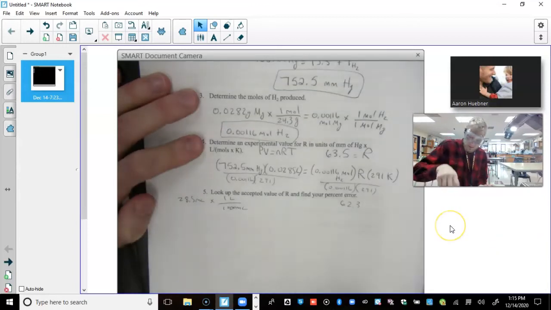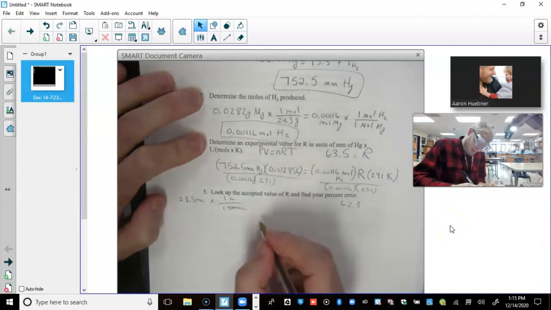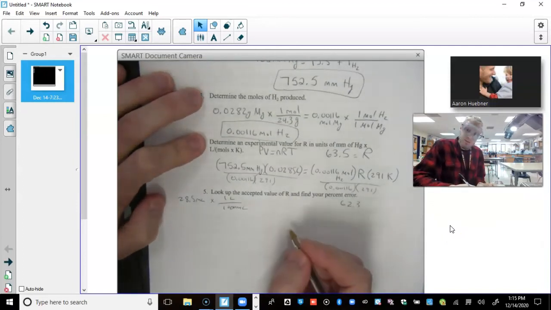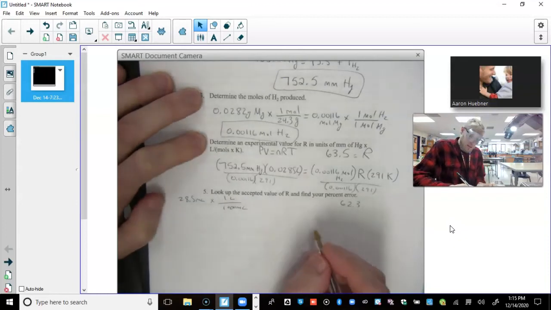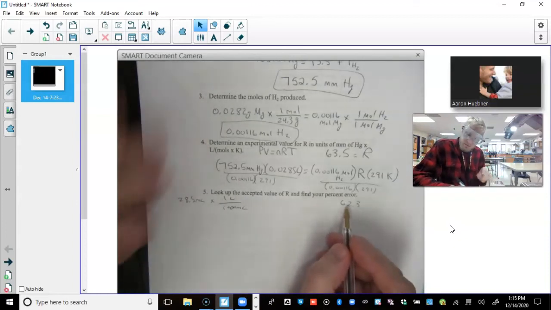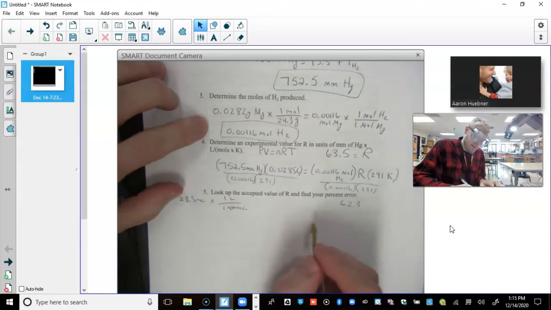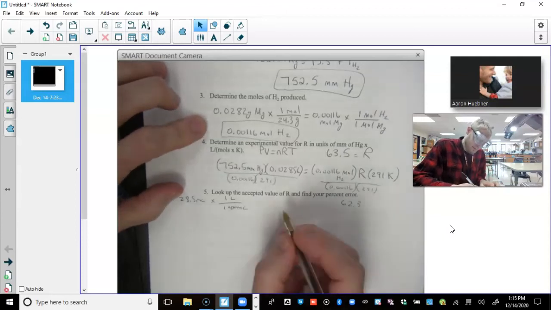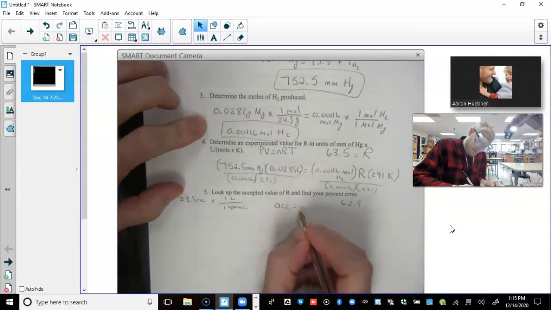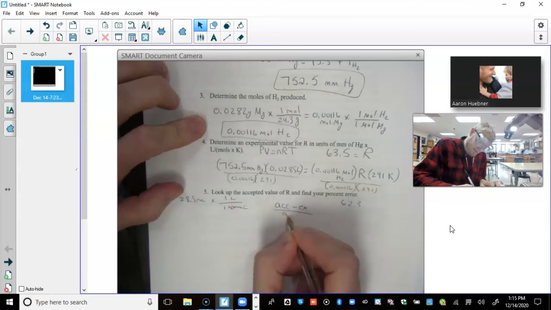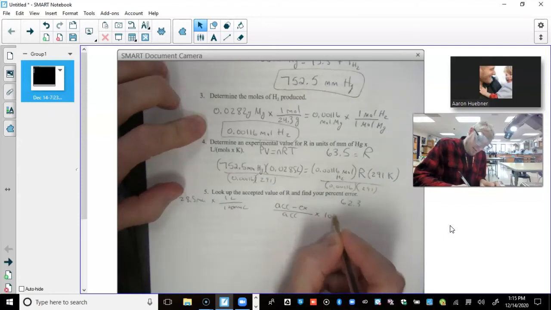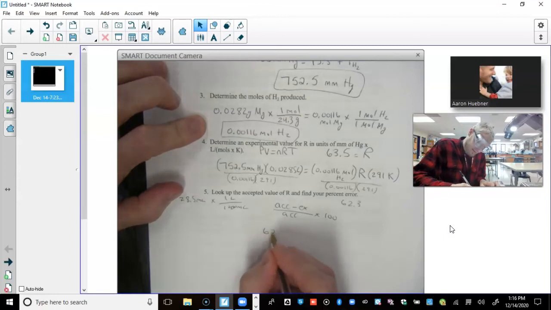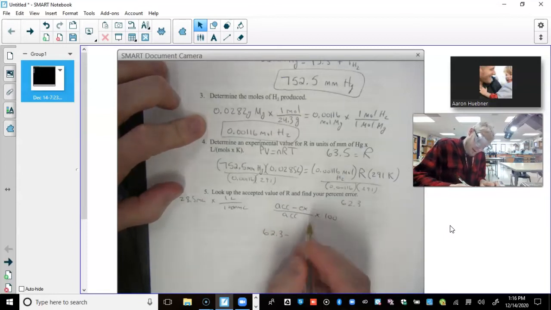Okay. Oh, now we've got to do percent error. So our accepted value is 62.3 and our experimental value is 63.5. So it's accepted minus experiment divided by accepted times 100. Our accepted 62.3 minus experiment 63.5 divided by accepted 62.3.